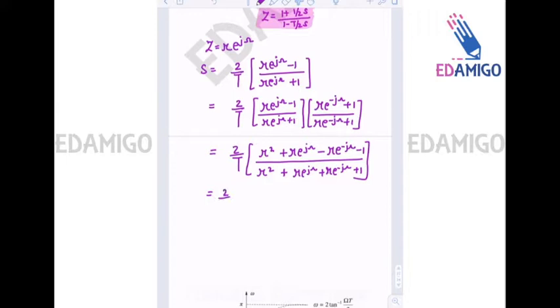We will get 2 upon capital T. So this will give us a cos term, and this will give us a sine term.